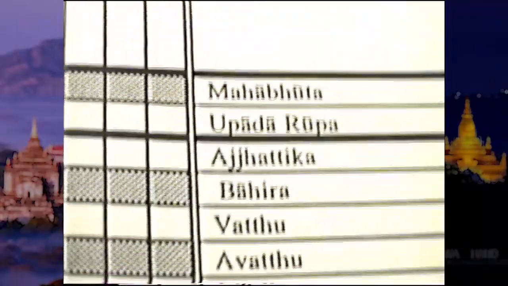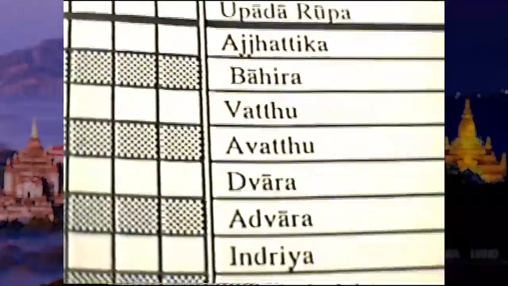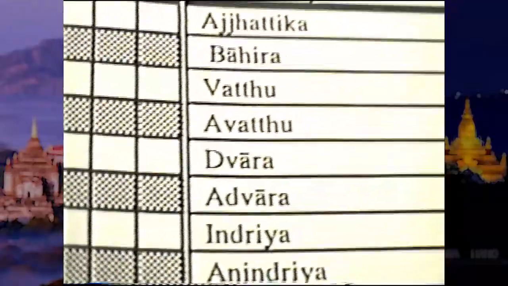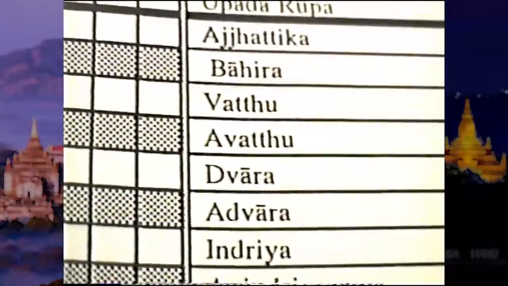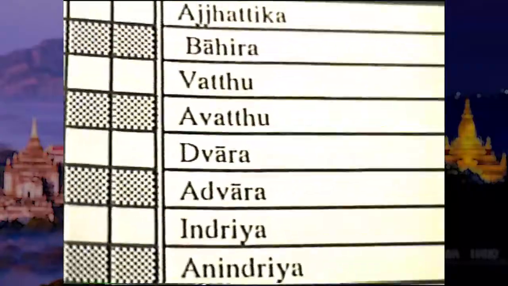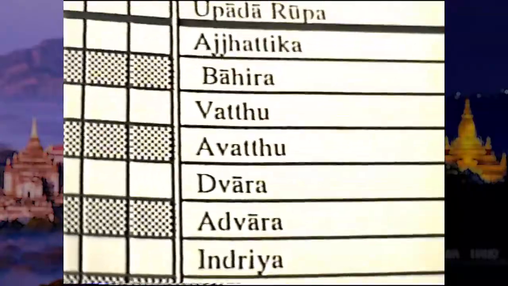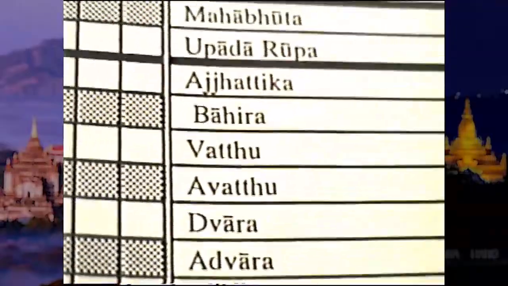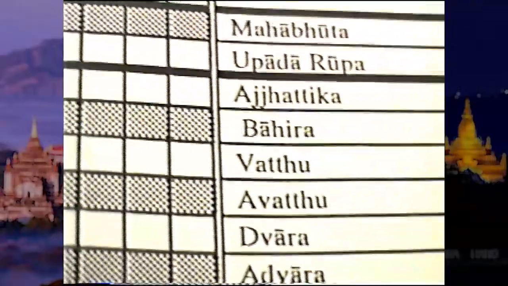And then what? Dwara. So chakhu, sota, ghana, jihva, kaya, and then kaya vinyati and vaci vinyati. They are also called dwara because they are the doors of actions of body and actions of speech.